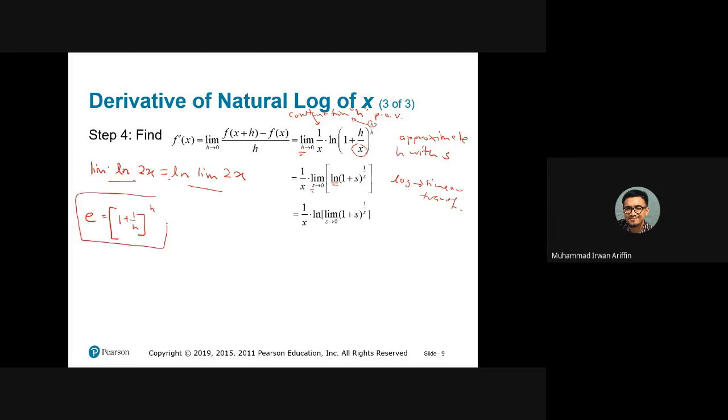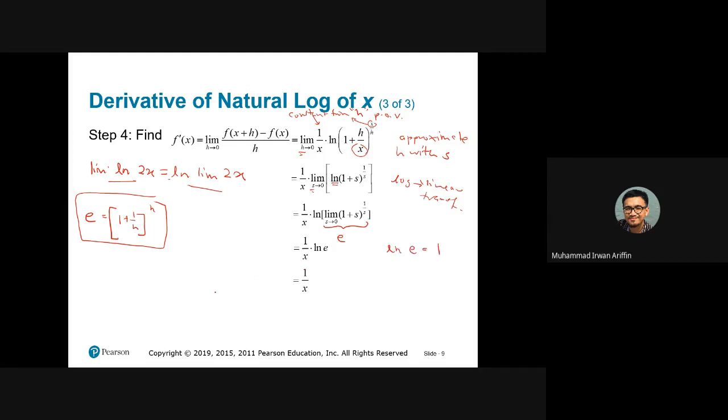This was the definition for E. Now, applying this, as s goes to 0, this will then give us E. So this is why we can simplify this to be E. And the natural log of E equals 1.